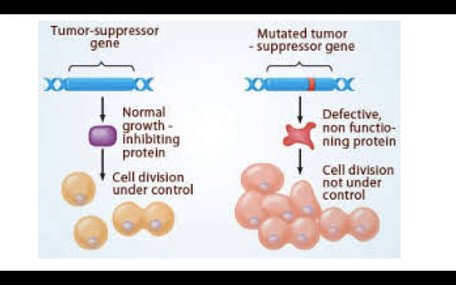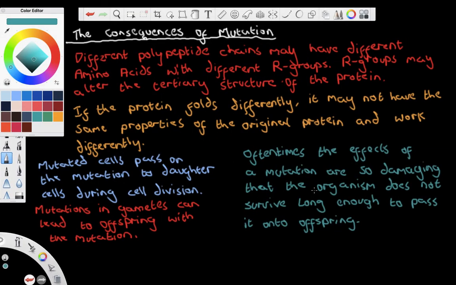Okay? Now, mutagenic agents. A mutagenic agent can be defined as a chemical or radiation which causes a mutation.